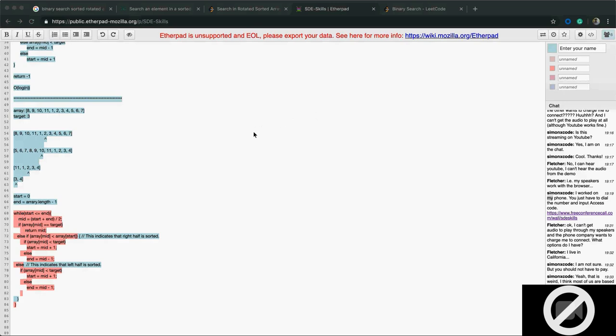So array of mid is 10 and target is 3, so we'll get into this condition, mid minus 1, which means we are at 9. Yeah, I think there is a problem. That's what I'm thinking. Some other condition needs to be there.